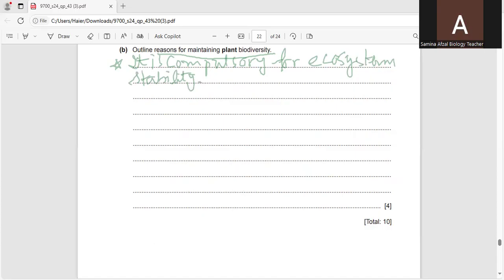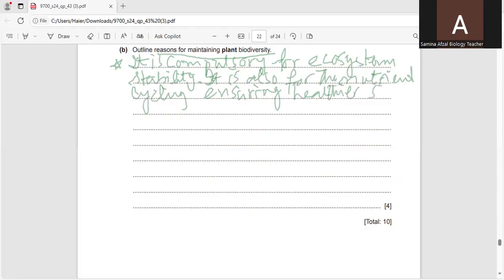And secondly, we can write that it is also for nutrient cycling, ensuring healthier soil and water quality.